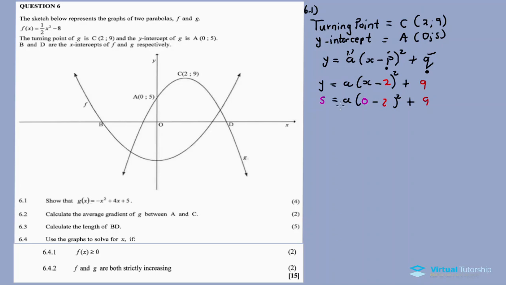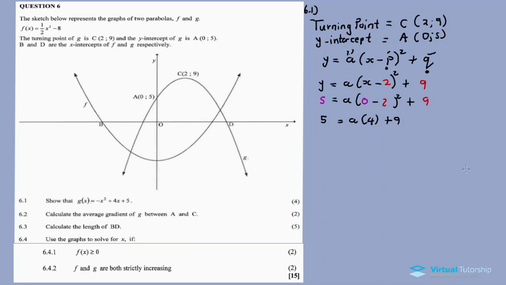Now we calculate the value of a. 0 minus 2, so solve for this bracket: 0 minus 2 is negative 2. Negative 2 squared is 4. So this equation becomes 5 equals a times 4 plus 9.